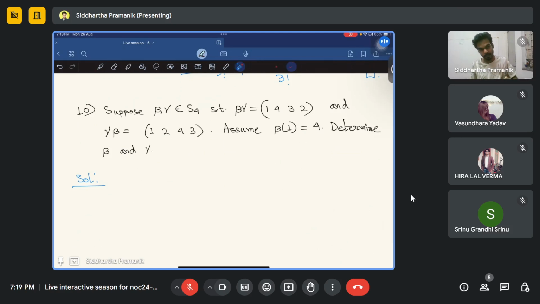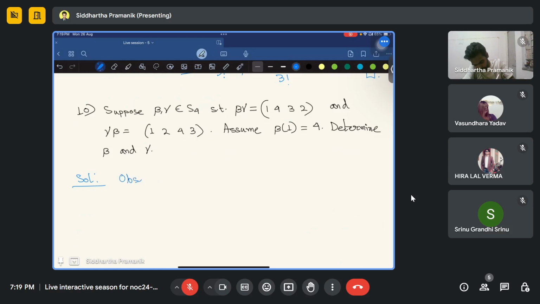So first observe that beta gamma and gamma beta are not equal, because here 1 goes to 4 and here 1 goes to 2. So these two functions are not the same.